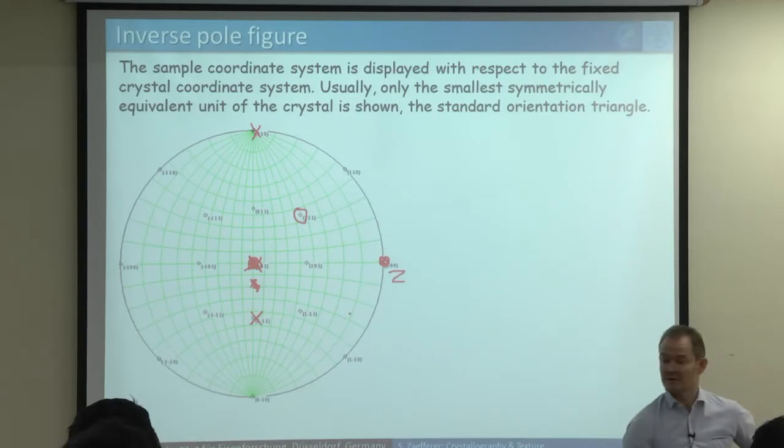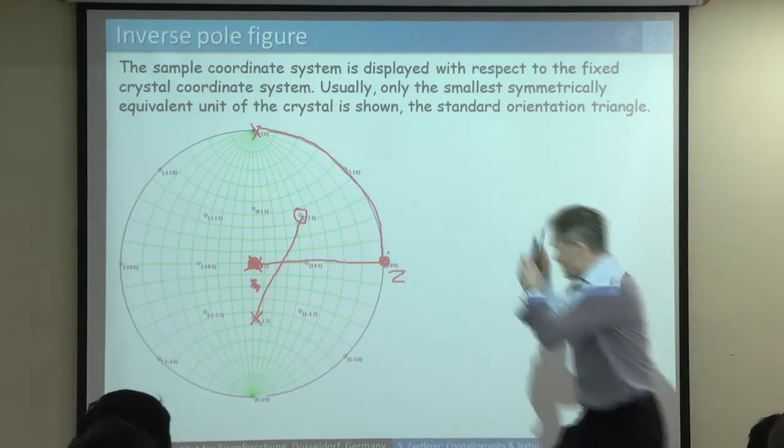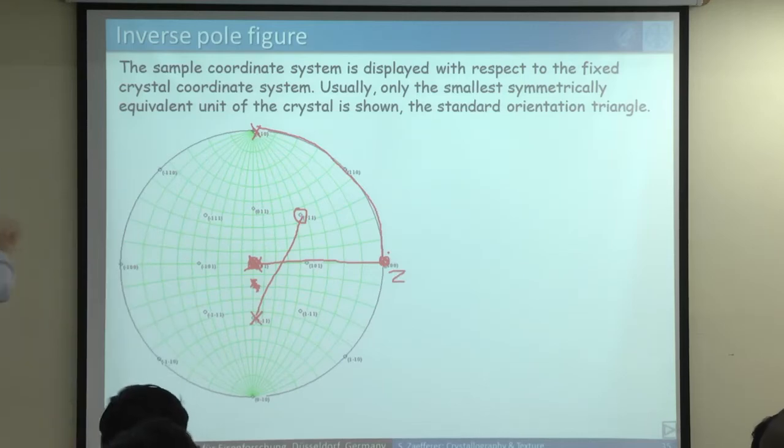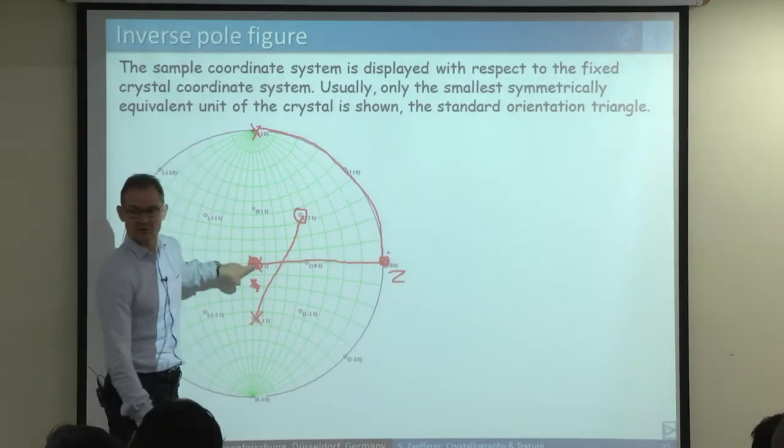Okay, so we have an orientation. Let me connect these two, then you can see it easily. We had this connection here, and this connection here. So these were our few orientations. And you see, it becomes a little bit hard to see. And one more thing, I told you that the crystal directions 100 and 010 are symmetrically identical. So why do I select now this point and this point? Why not always this point?